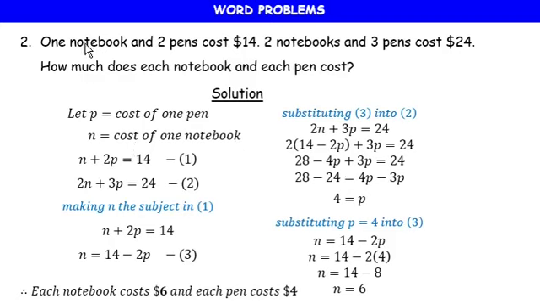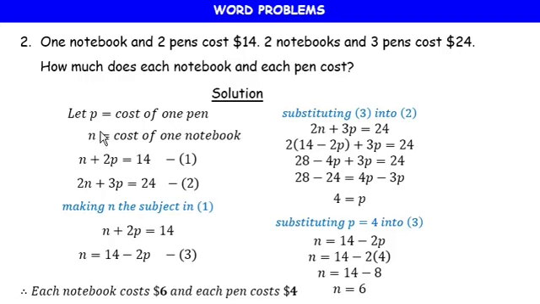And then let's interpret the statement mathematically. It says one notebook and 2 pens cost 14 cedis, meaning that the sum of the cost of one notebook and the cost of 2 pens will give us a total of 14. So how do you represent it as an equation?